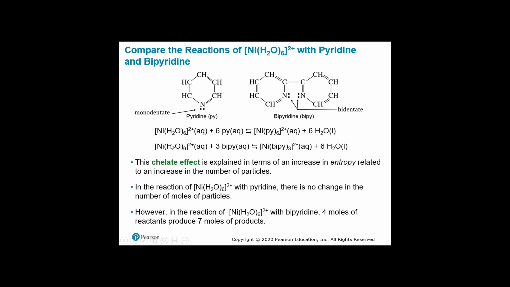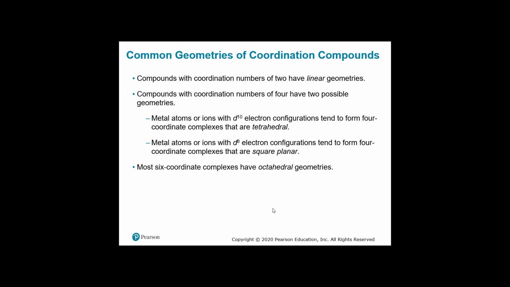However, when we look at the bottom one, we have 4 moles of reactants, but we have 7 moles of products. So this is an increase in entropy. And that can also affect the chelate, determining the stability with chelating. This has a lot of words to it, but I just want to point out that the bipyridine is a bidentate and pyridine is a monodentate.